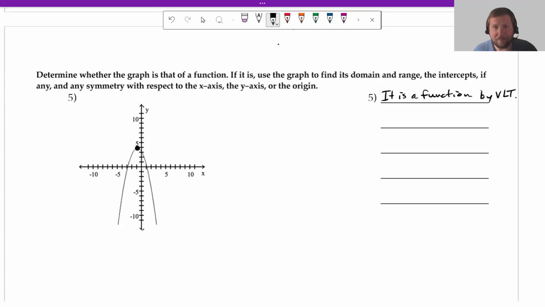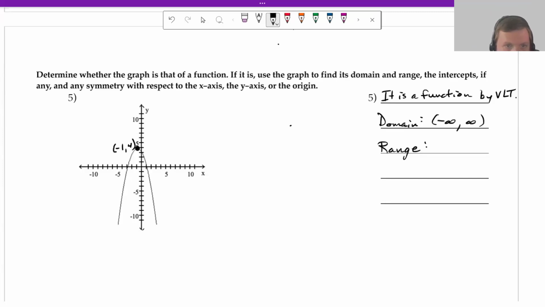And then if it is, use its graph to find the domain and range. So I can see that it's a quadratic function, and we know the domain of a quadratic function is all real numbers. The range of a quadratic function, well, we have to pay a little bit more attention. So we can see that the vertex, if we look really closely, is at -1, 4.